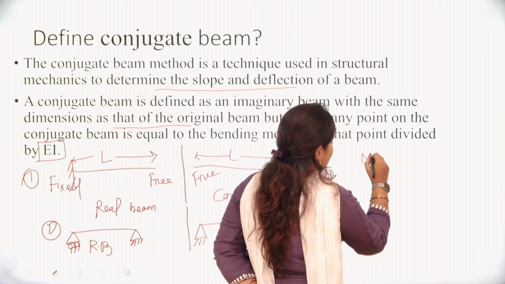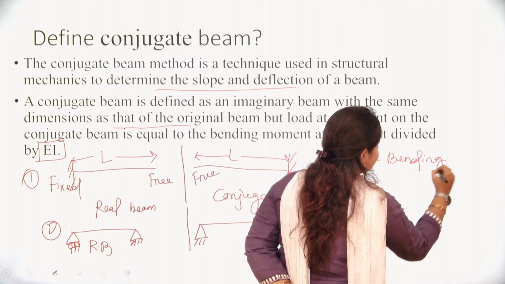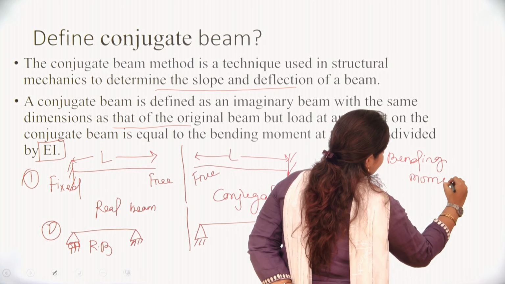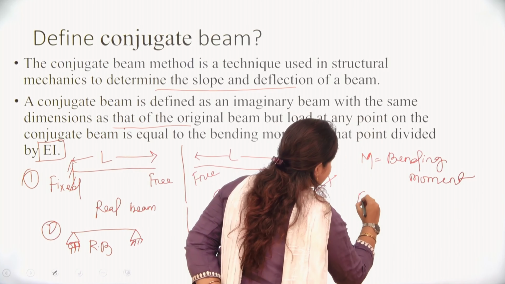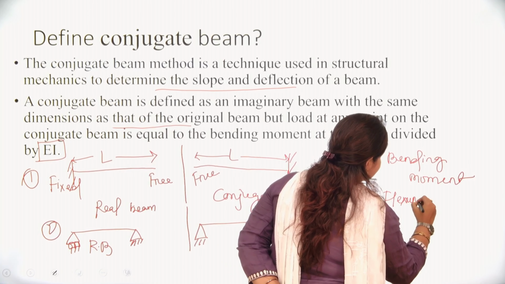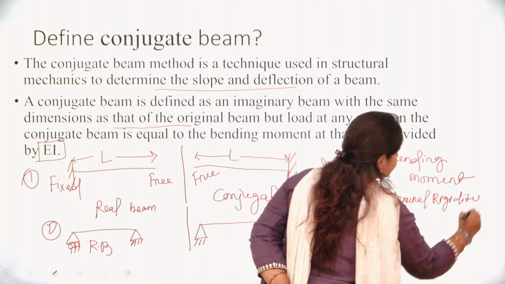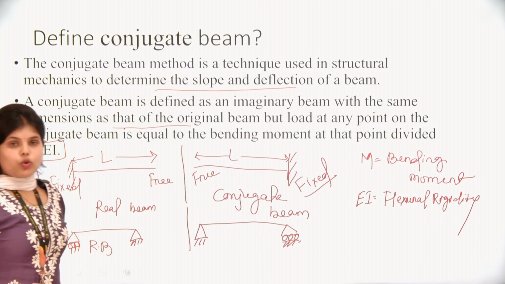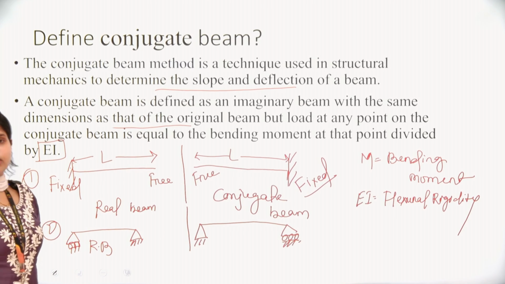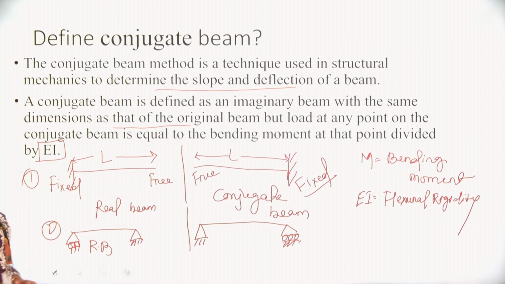We take M as the bending moment and EI is the flexural rigidity. So in the conjugate beam, the load is the bending moment divided by flexural rigidity.